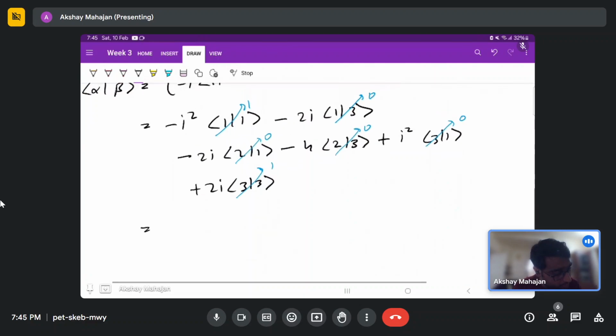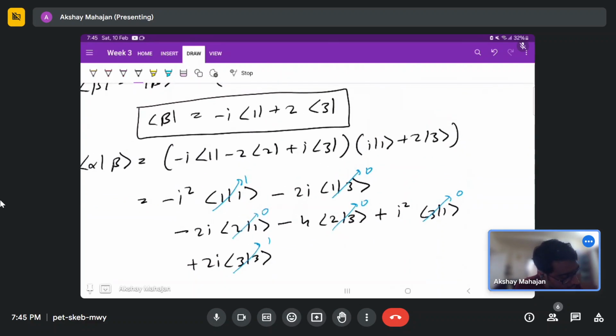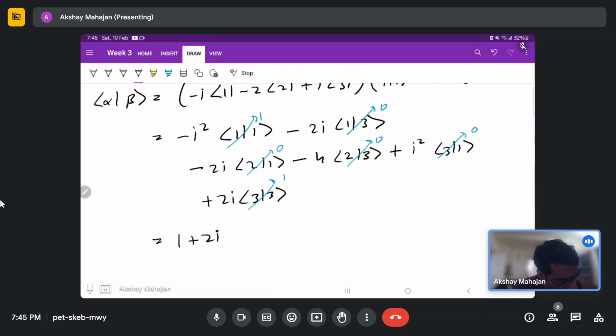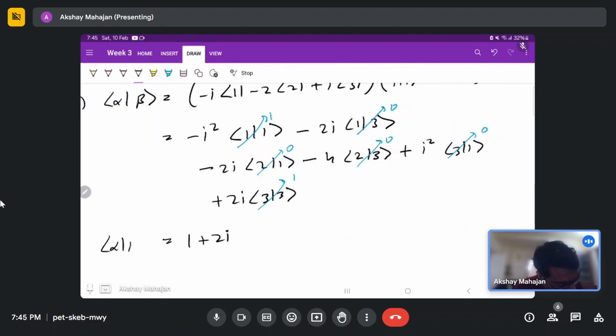So iota squared will be minus 1, so I will have a plus 1, and here I will have plus 2 iota, so I will have 1 plus 2 iota. So this will be my bra alpha ket beta.